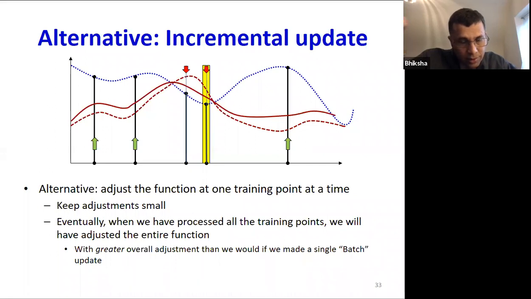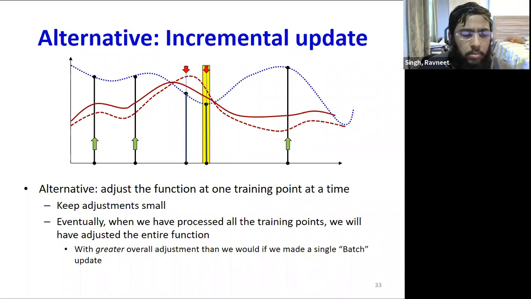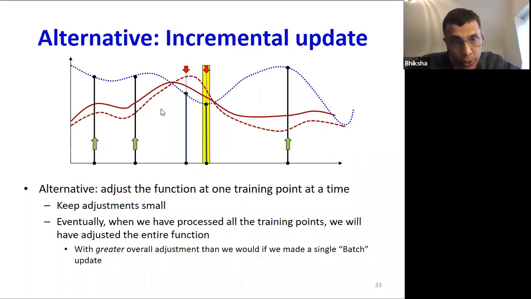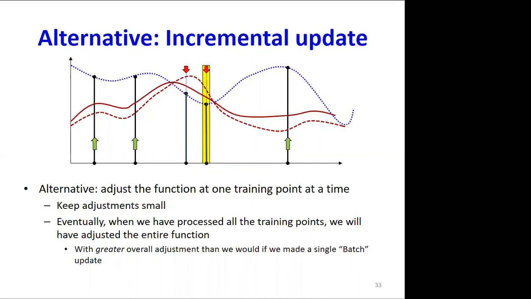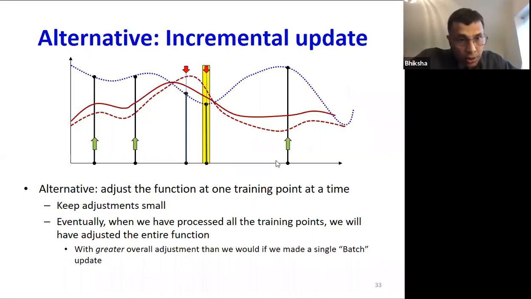Make sense? Okay. So what we are doing here is that when you want to make adjustments in a gradient descent framework, mind you, if you had a closed form solution, you would just make one pass over the data and optimize a function and get a solution.